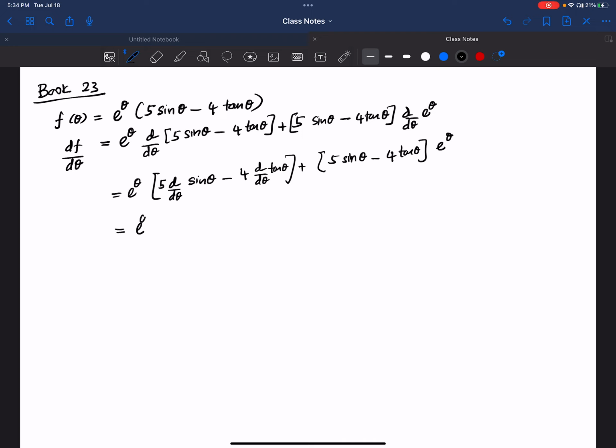So e to the power theta times 5 cosine theta minus, for tangent theta it is secant squared theta.